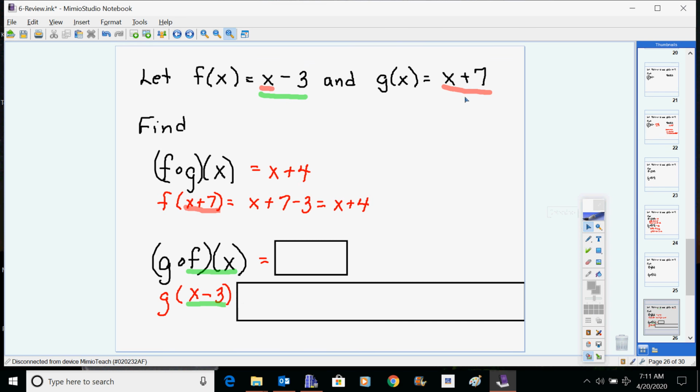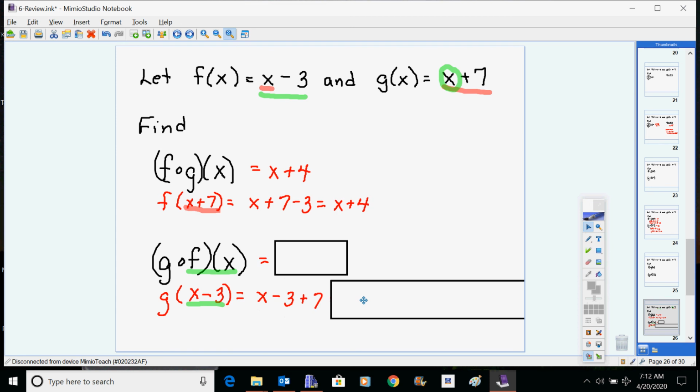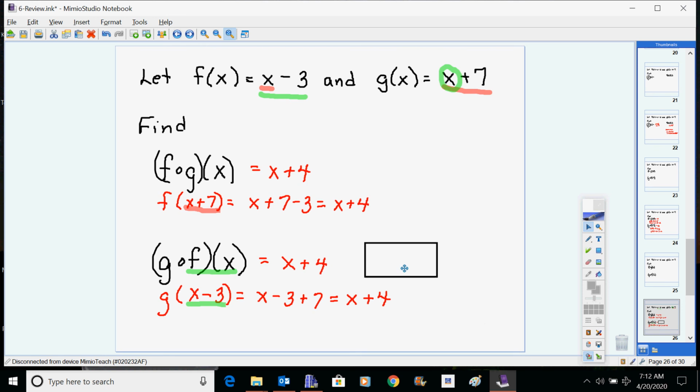So that means we need to put x minus 3 in where this x is. We plug that in: x minus 3 plus 7. In this case, we get the same answer, but you're not guaranteed.